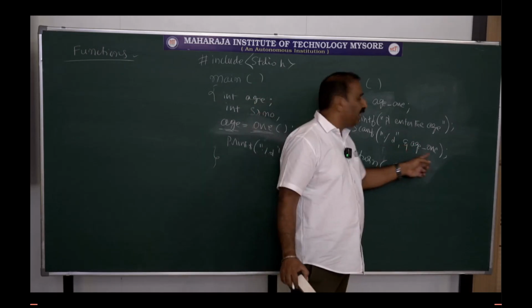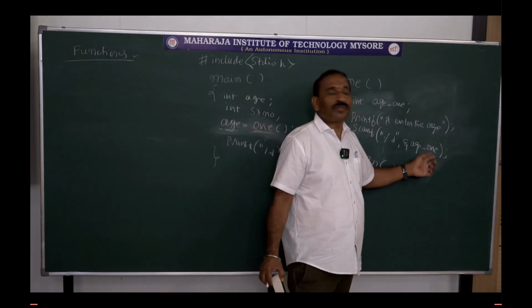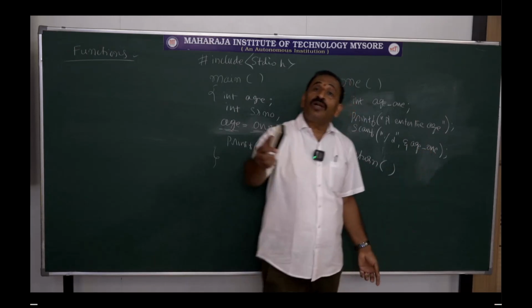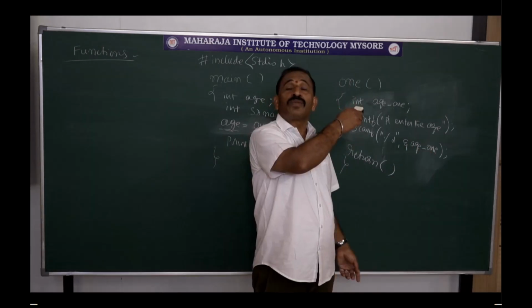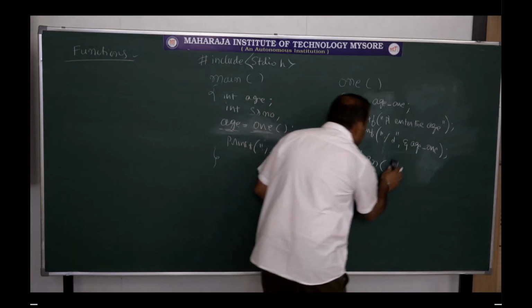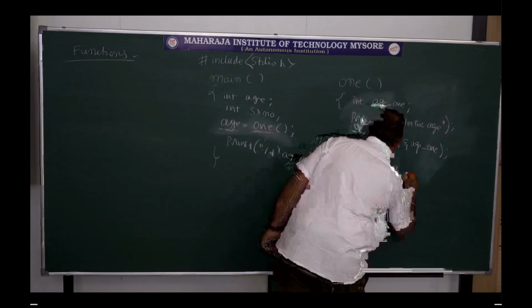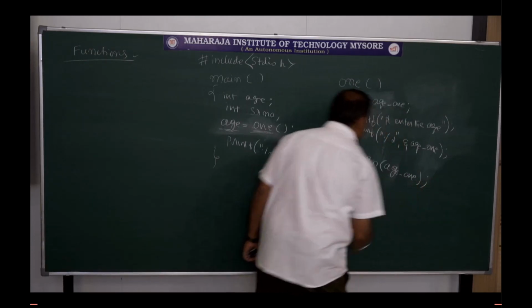It is stored in age underscore 1. Now you have to return this value. So inside this you have to say return age underscore 1.